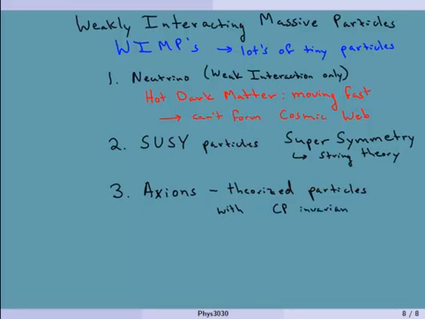This is another particle physics explanation. It's a predicted particle that has to do with this property of a lot of interactions. CP is charge parity invariance, but the details we won't go into right here.